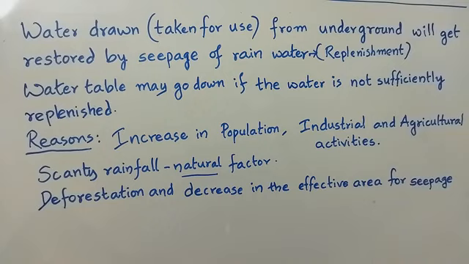In the last class, we discussed water table, aquifer, infiltration, etc. And we have also learned that if we take out more water from underground, without replenishment, then the water table will get depleted.